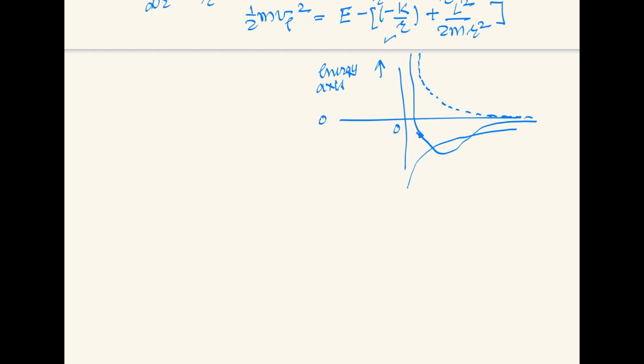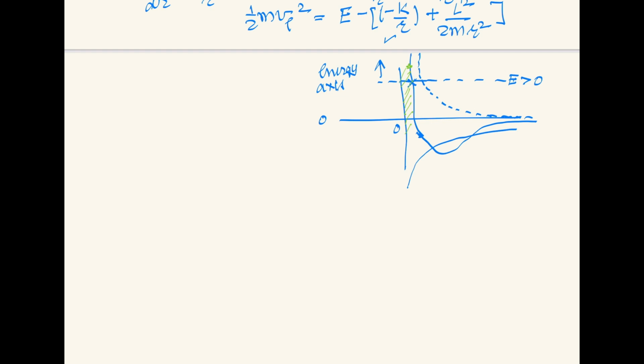Now I can look at what happens at various energies. Supposing I choose an energy value over there. This energy corresponds to E greater than 0, so there is going to be one intersection. At points lying in this region over here, the potential energy is going to be larger than the total energy, so the kinetic energy will be negative. This shaded area is the forbidden region.